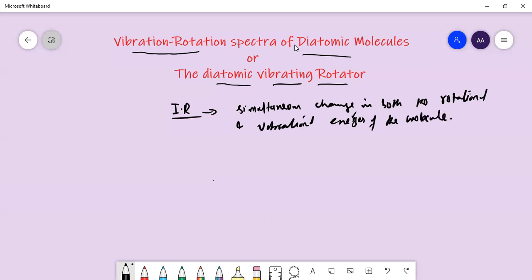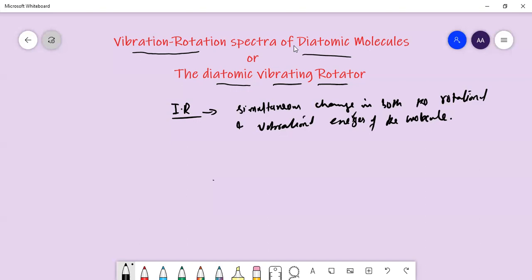So this is important. The absorption of electromagnetic radiation in the IR region brings about simultaneous change in both the rotational as well as vibrational energies of the molecule. Now we will see what the effect of these simultaneous changes is, whether there is any effect on the spectrum of the molecules or not.